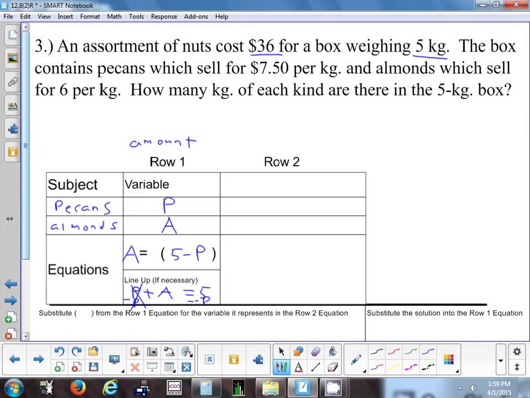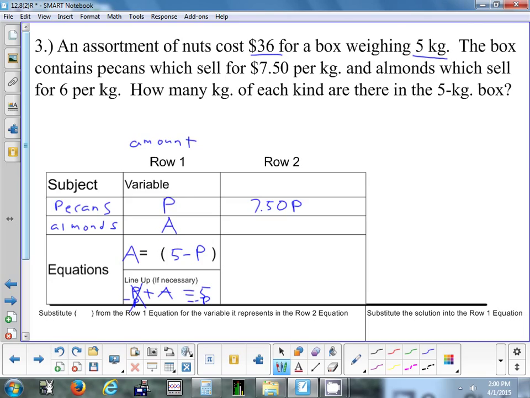How much do pecans cost per pound? $7.50. And how many kilograms do we have right now? P. How much do almonds cost?